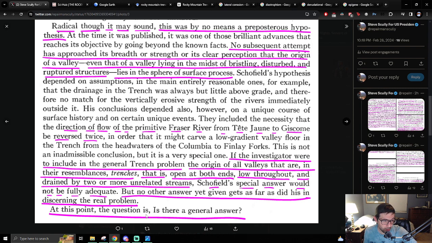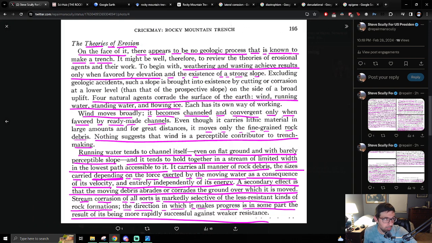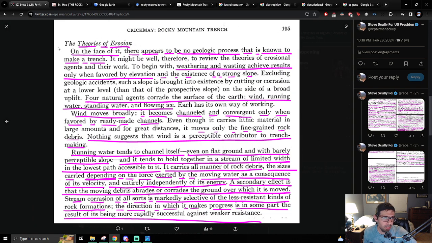At this point, the question is, is there a general answer? The theories of erosion. On the face of it, there appears to be no geological process that is known to make a trench. It might be well, therefore, to review the theories of erosional agents and their work.